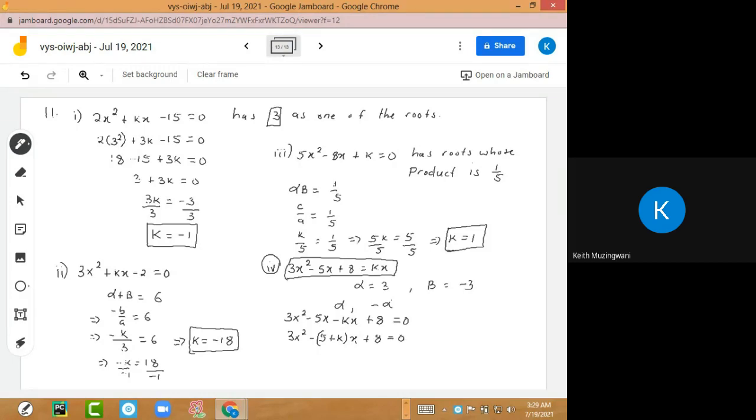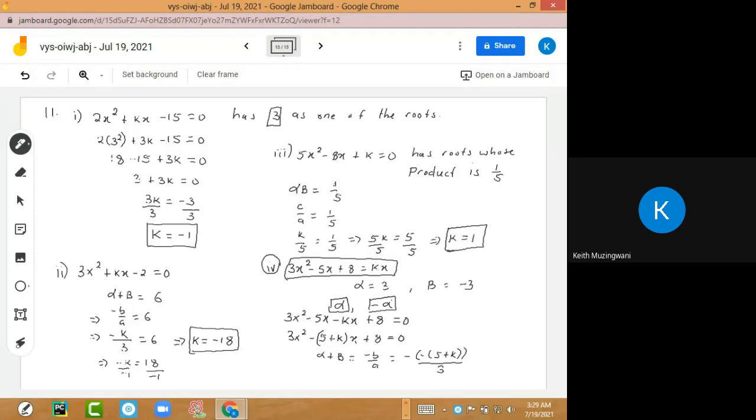Plus 8 is equal to 0 to help us know A, B, and C. Now I've said numerically equal, so if you have alpha, instead of writing beta, you just write negative alpha, since they're all alphas except that they differ by a sign. So that if you add them, alpha plus beta, you must get negative b over a, which is negative 5 plus k over a, which is 3.